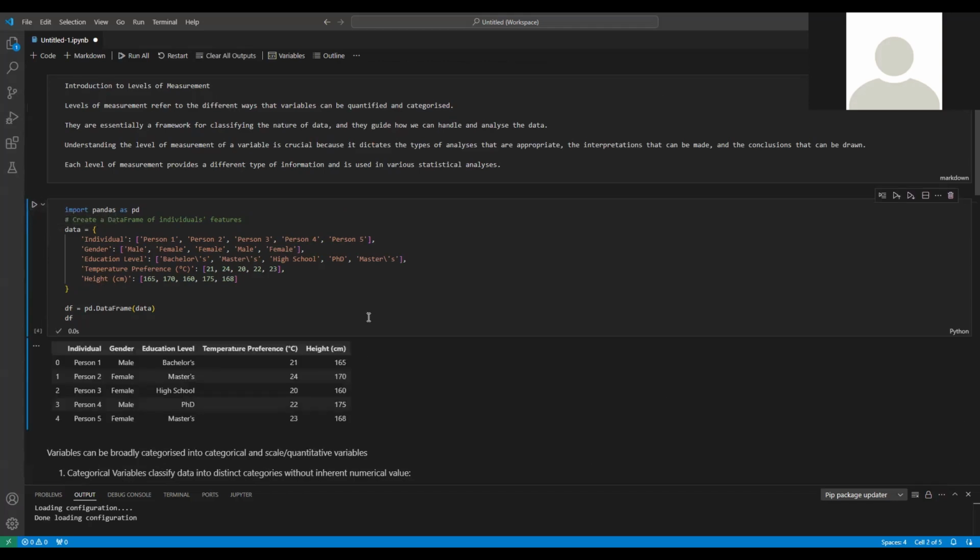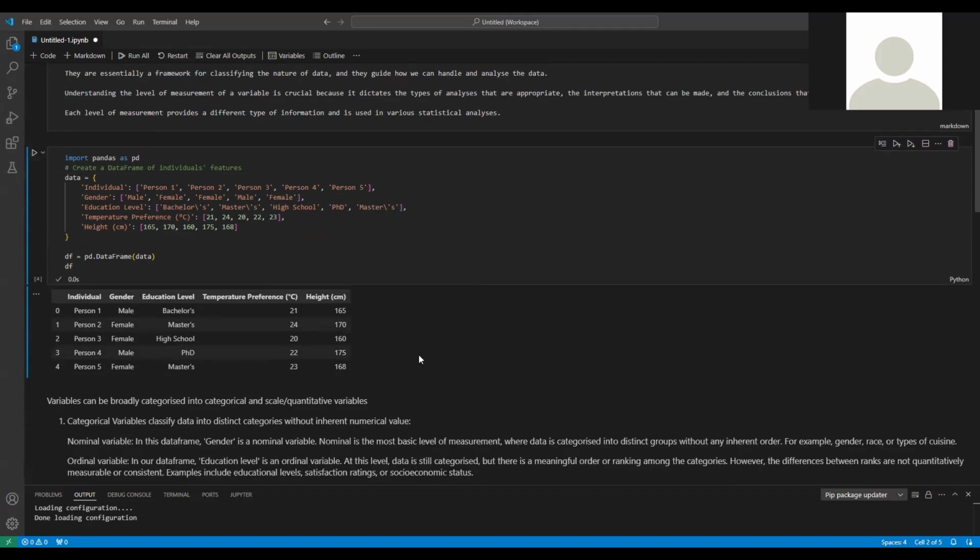Here we have an exemplar data frame about some key features of five individuals. The row here is the information for each individual. You could simply ignore the first column.